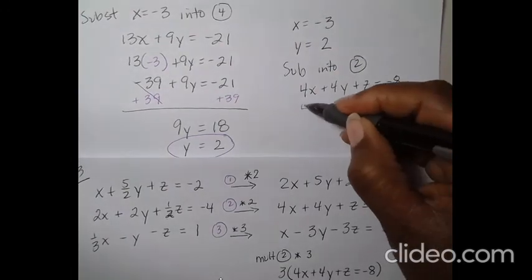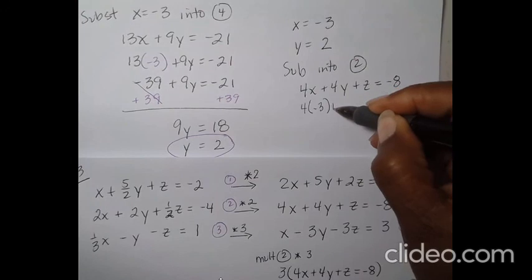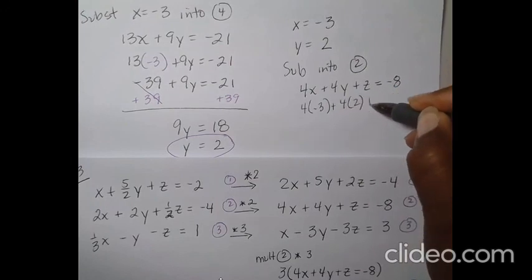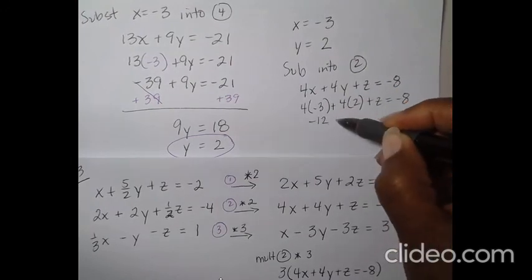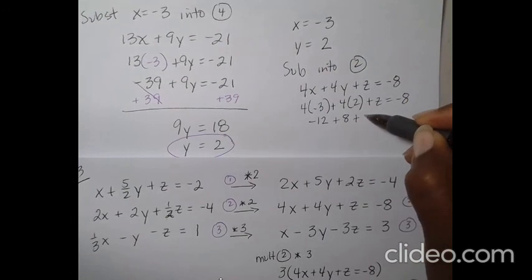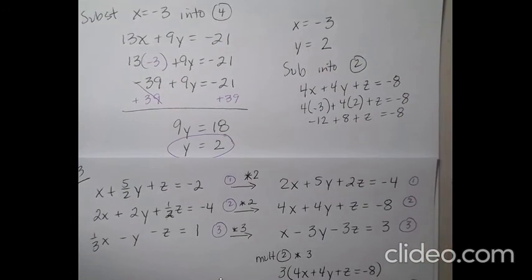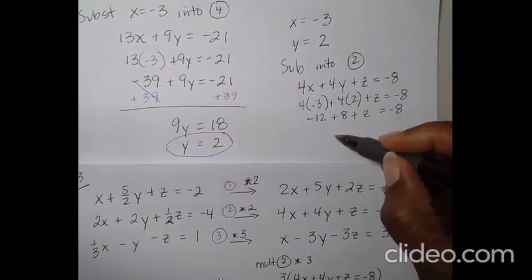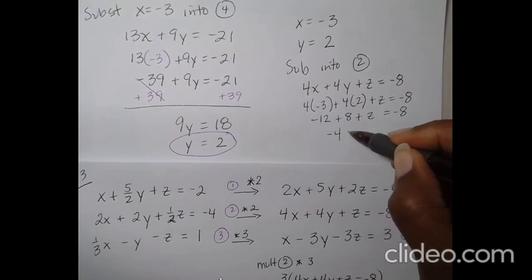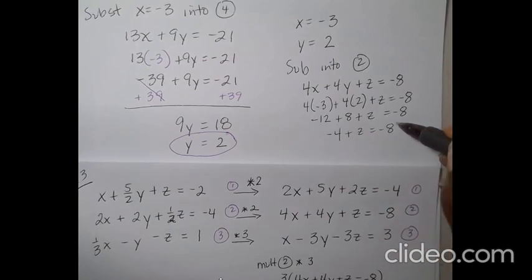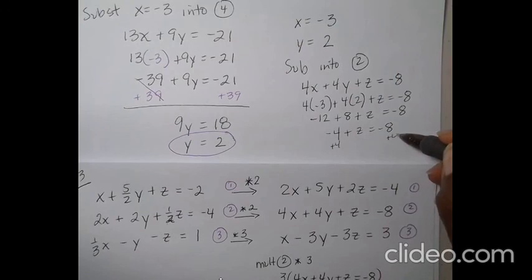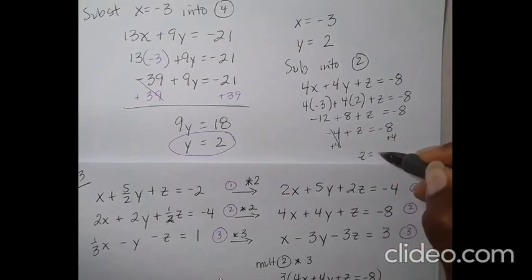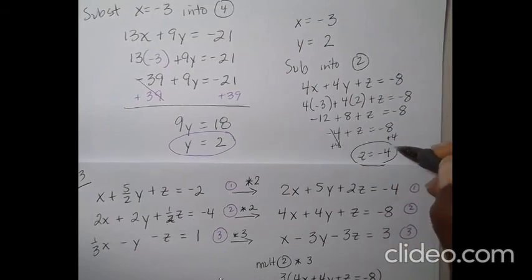So we've got 4 times -3 plus 4 times 2 plus z equals -8. -12 plus 8 plus z equals -8. These two together, -4 plus z equals -8. Add 4 to both sides. We have z equals -4.